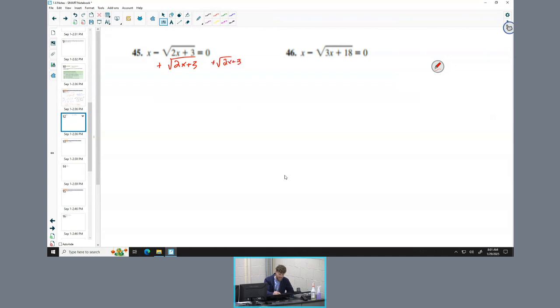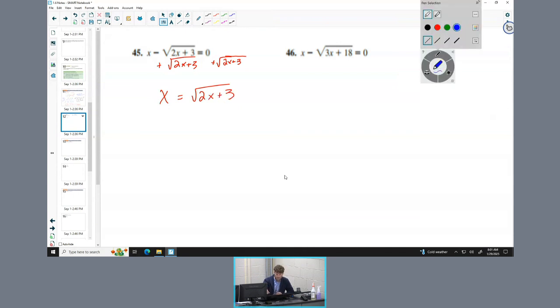2x plus 3. All right, so then we got x is equal to the square root of 2x plus 3. Now, the idea is to get rid of the square root before we can solve for x. If I have x equals something and it's also defined in x, then it still doesn't make any sense.